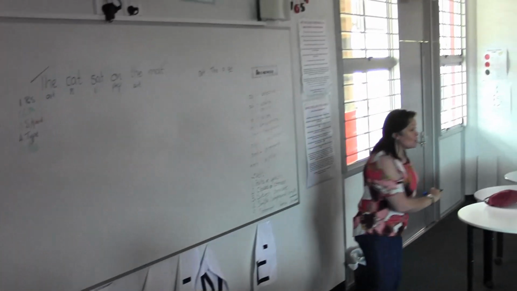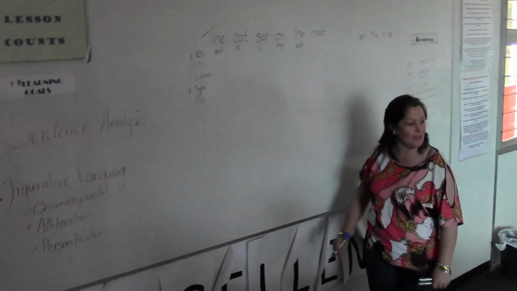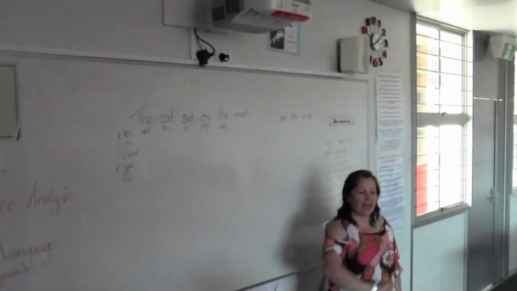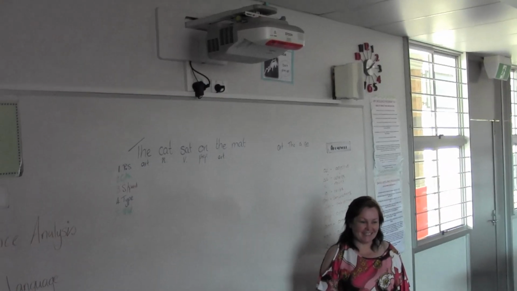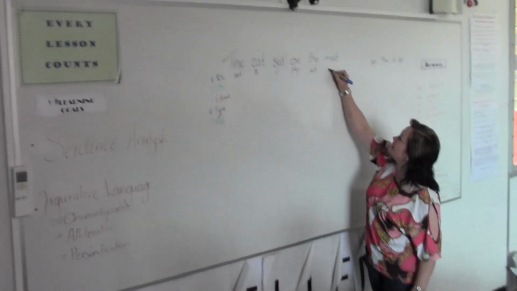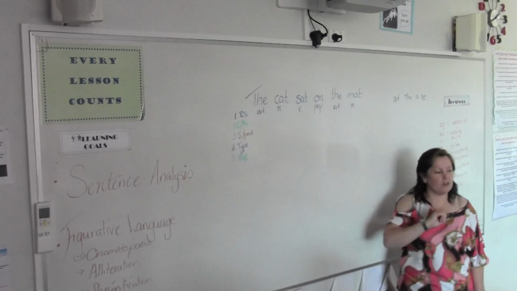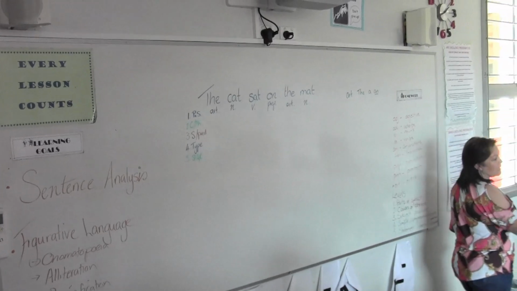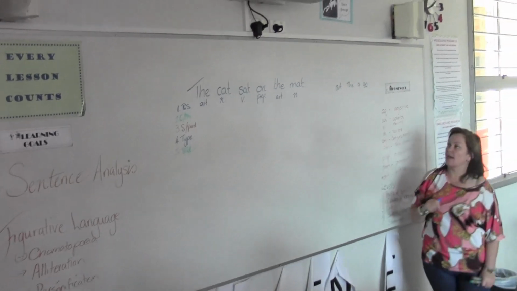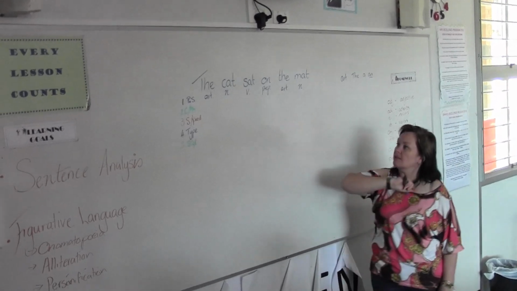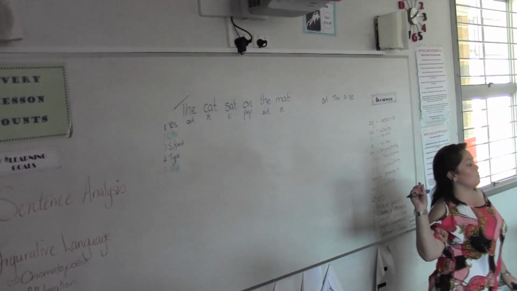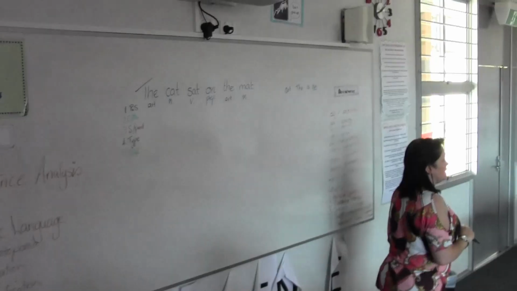And mat. I'm not going to ask you because you've done a couple now. What is mat? Is it a noun? It is a noun. It's a thing. So nouns are person, place, animal or thing. Okay, well done. So you have done the parts of speech. How many people got all those correct underneath?